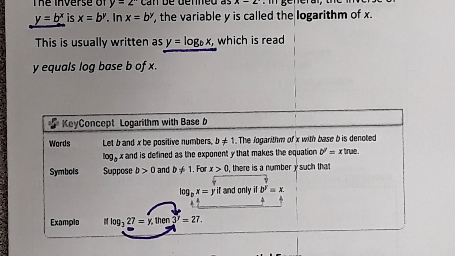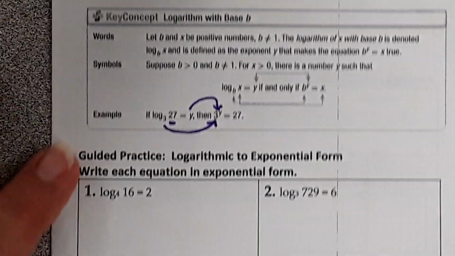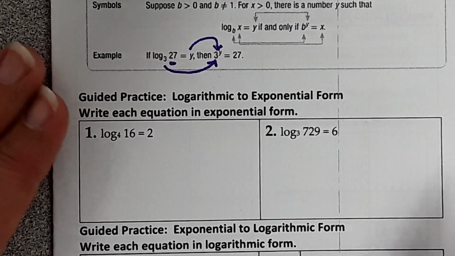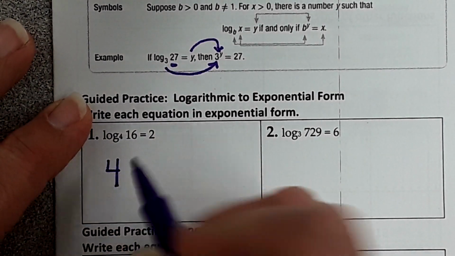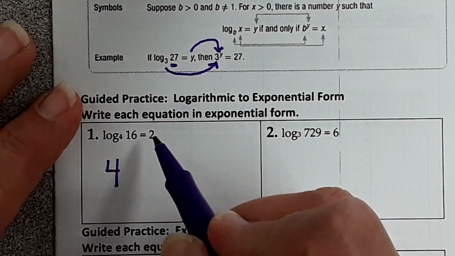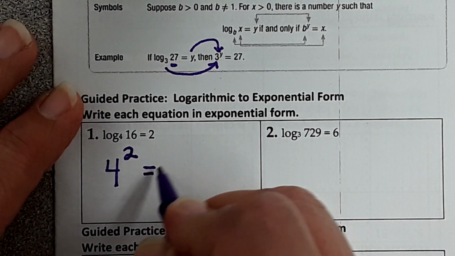So the first two we're going to do are just basic. Let's write it in exponential form. In number 1, what is our base? Our b. 4. The 2 is our y, and that becomes our exponent, and it equals 16.